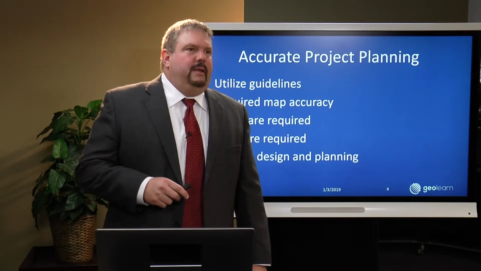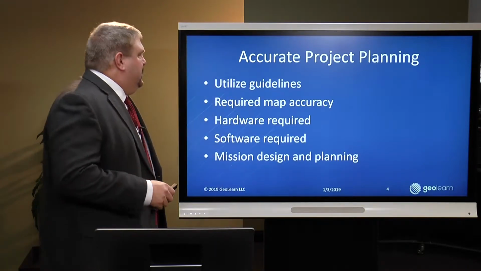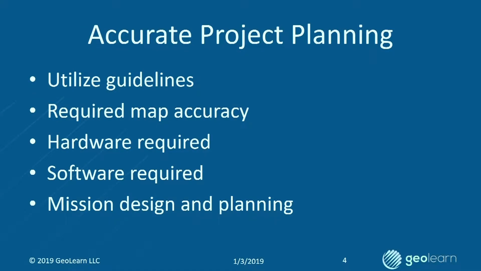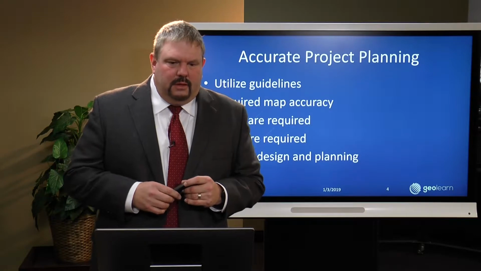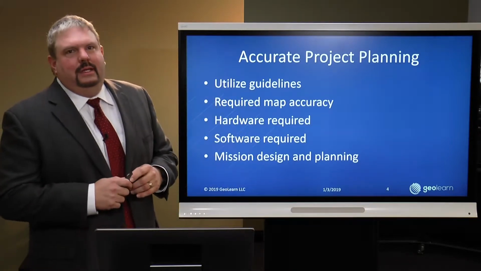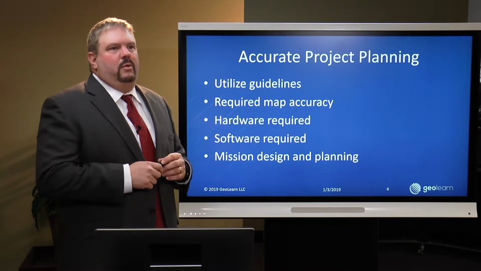So accurate project planning, utilize these guidelines, required map accuracy. I've mentioned before there's the desired and then there's the required. You may not be able to meet what someone desires or what you even wish to desire. You'll have to decide what you can truly meet and then set it as a requirement.